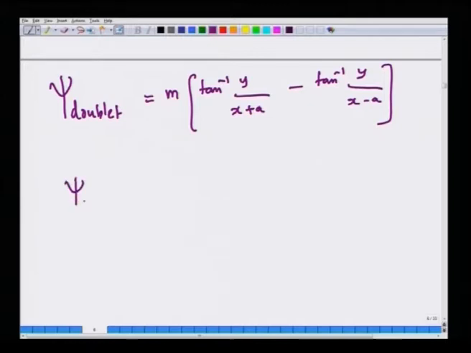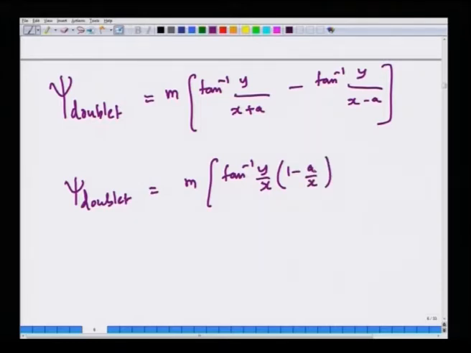So, I will first rewrite this as m times tan inverse of y by x times 1 minus a by x minus tan inverse of y by x.